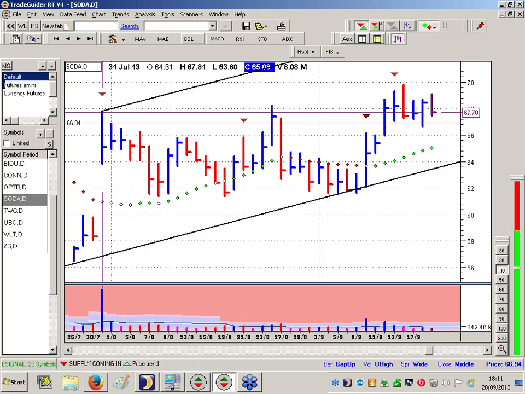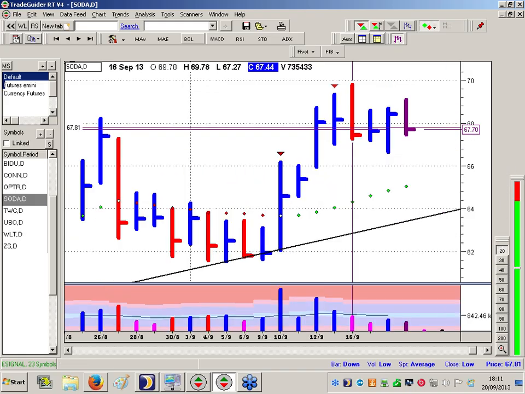Could you put fewer bars up here? And I can't see. Where is it? Yeah, there's high volume here, ish.